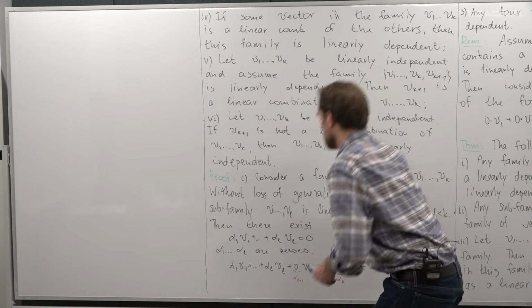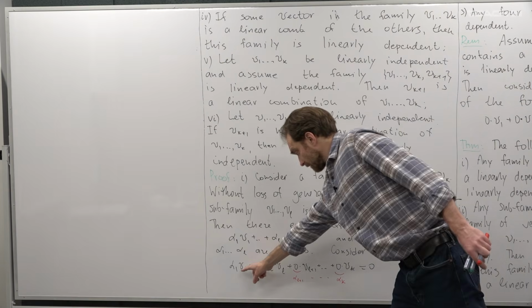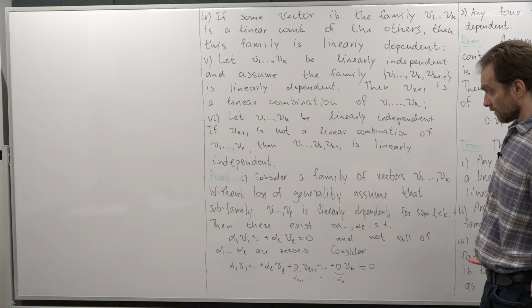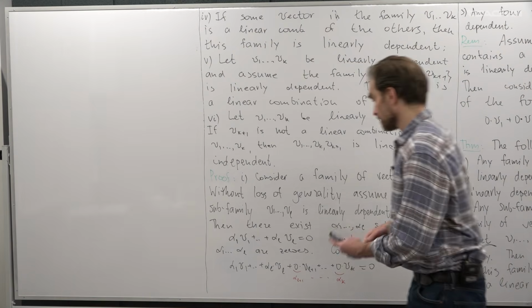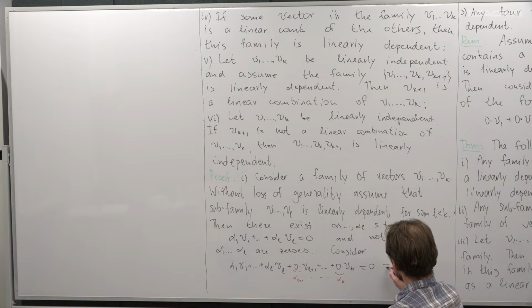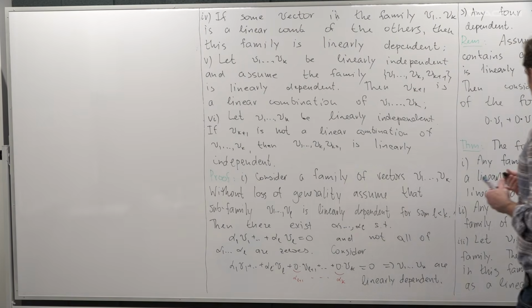Right? So now we have a linear combination of vectors from v1 to vk that is equal to 0, and this linear combination is not trivial because here we have at least one non-zero coefficient. So we conclude that vectors v1, etc., vk are linearly dependent. Okay, so this proves the first part of our theorem.